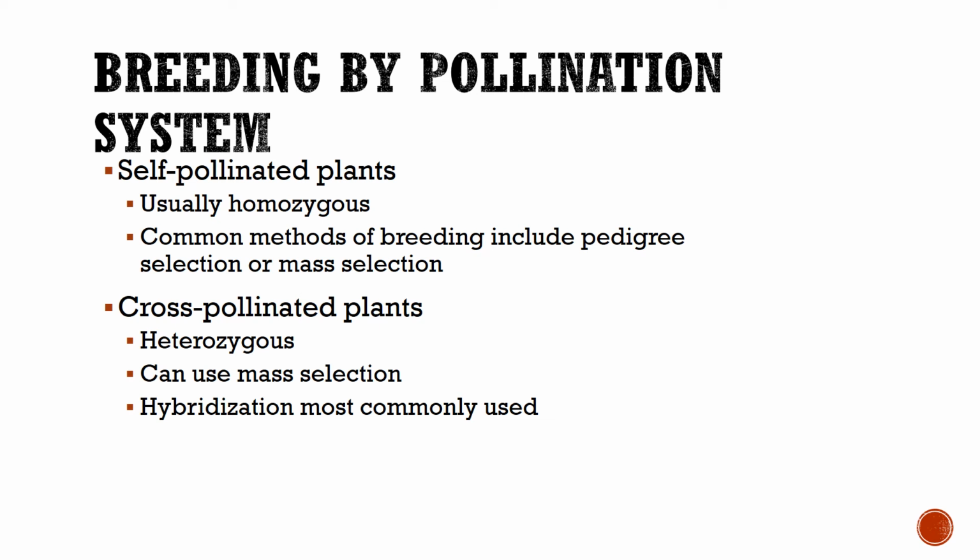So you look at self-pollinated, they're usually, almost always homozygous, and they're a pretty common method of breeding that will then give you a pedigree selection or a mass selection that you can look at and you put pencil to paper and kind of make your selection of that. Cross-pollinated is heterozygous always. It can have a mass selection, although sometimes it's not very known. And the hybrid is most commonly used. So the hybrid that we then have bred is most commonly used.